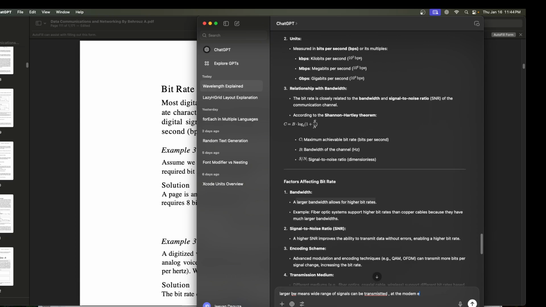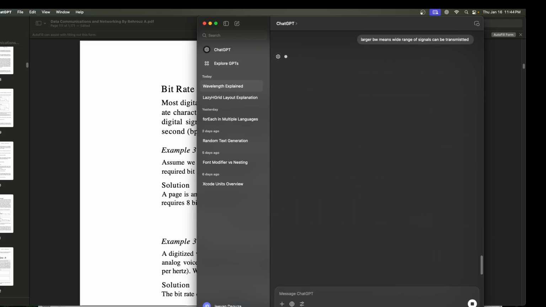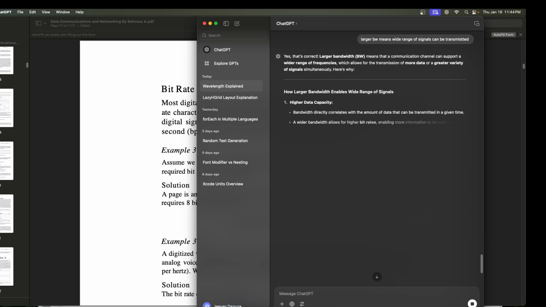So there is a relation of bandwidth and bit rate. He's saying if I'm giving kilobits per second, so I say kbps. This is correct, right? Wide range of frequencies.